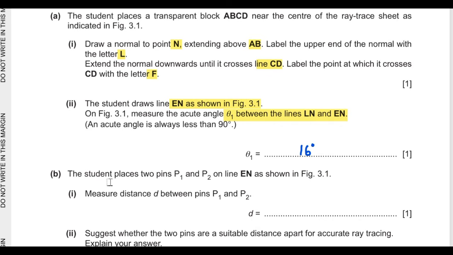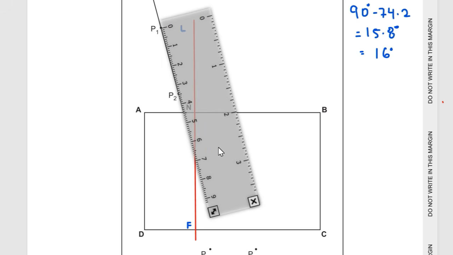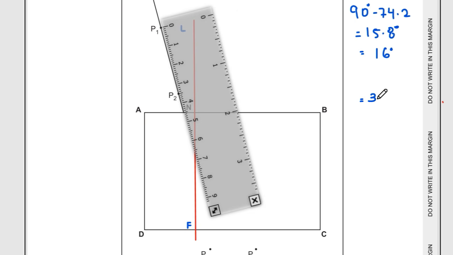Now B part is saying the student places two pins P1 and P2 on the line EN. Measure the distance D between P1 and P2. So we have to measure the distance between P1 and P2 by using a ruler, and this distance seems to be 3.5 centimeters, and it is not a correct distance because the distance between two pins should be at least 5 centimeters.